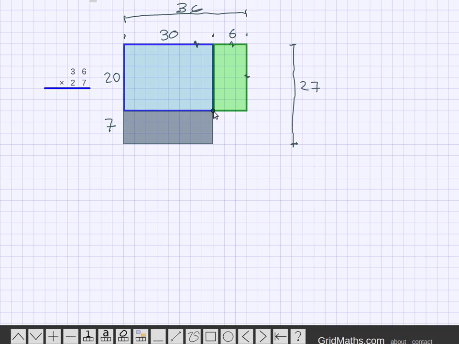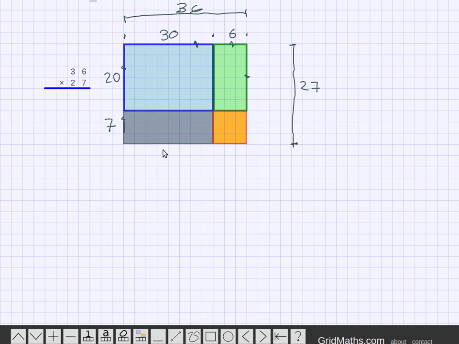Let's make this orange. That's 20, and then another 7, and these are not to scale. I don't need to put these little squiggles in, I'm just putting them in to make it really obvious.